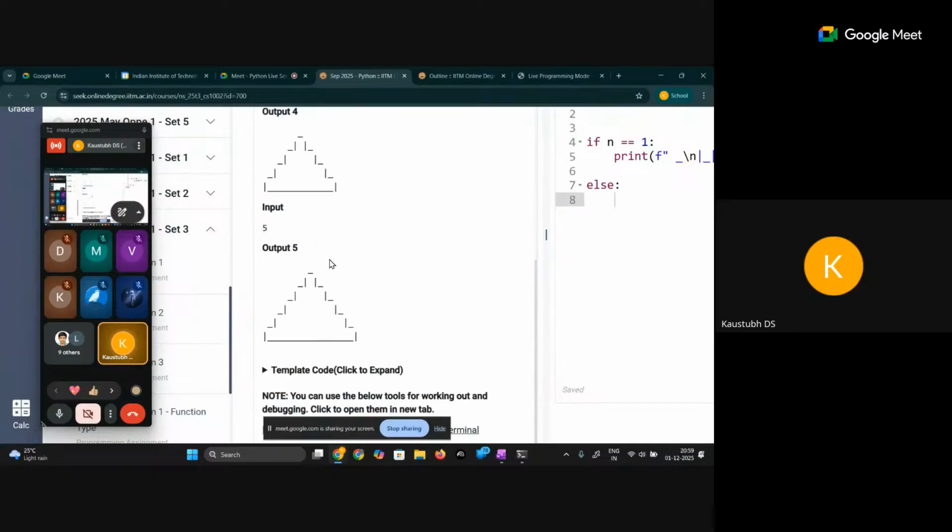Now what I wanted to see is the lines from line number two till the second last line. What they have in common is that every line has this, then some spaces, and then this combination: underscore pipe, then some spaces, and then pipe underscore.